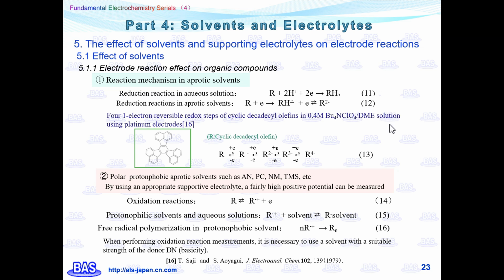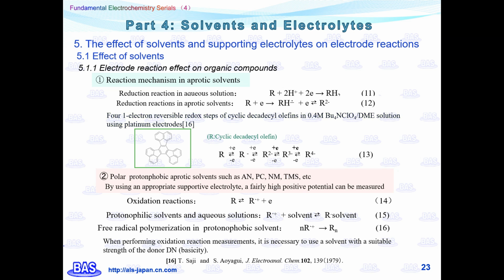This phenomenon is very important in the history of the application of organic solvents in electrode reactions and has been extensively studied. The researchers found that with the increase of the acceptor number of the solvent, the half-wave potential of the anionic radical generated by reduction in the first step will move linearly in a positive direction.